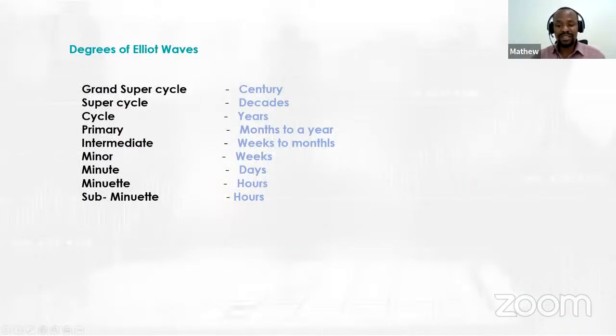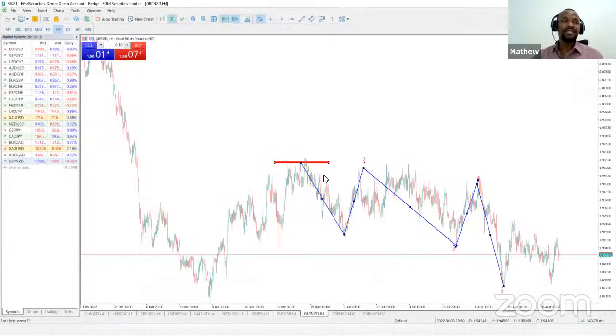And the best way to explain the degrees is by using the examples on the MT4. So in this case, if you have wave 1, 2, 3, 4, 5, you see, if you right click here, because these labels might not be the best ones to use depending on the time frame which you're analyzing on. This is on hourly.